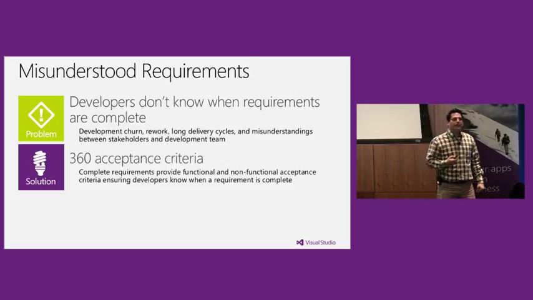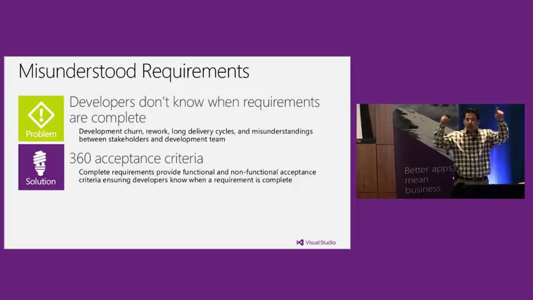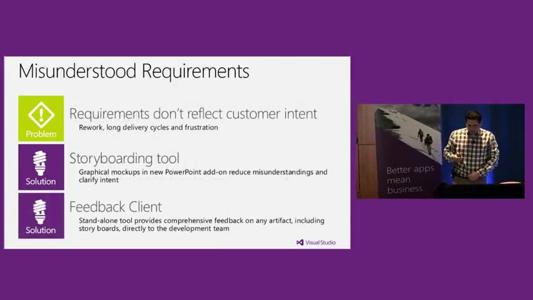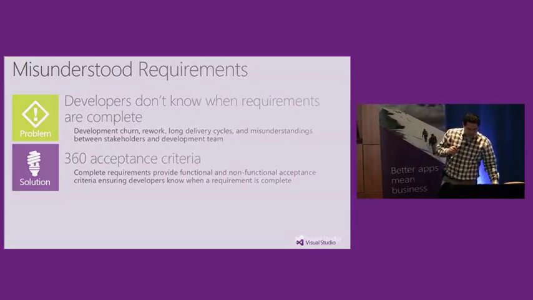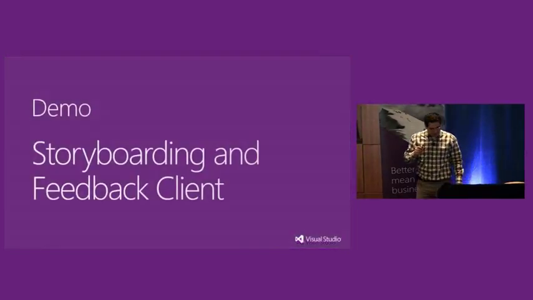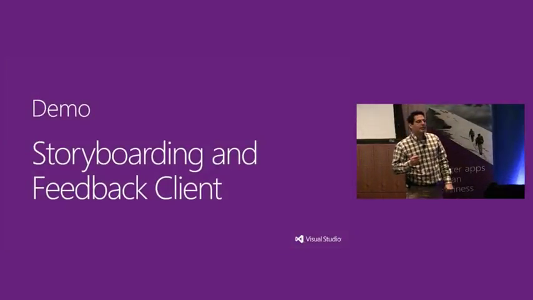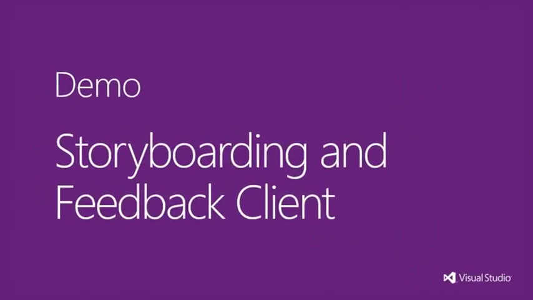What exactly does the customer want? Not just a small feature, but the whole picture. Okay, in my next demo here, I'm going to show you the Visual Studio storyboarding tool and feedback client. If you don't mind, I'll sit down.